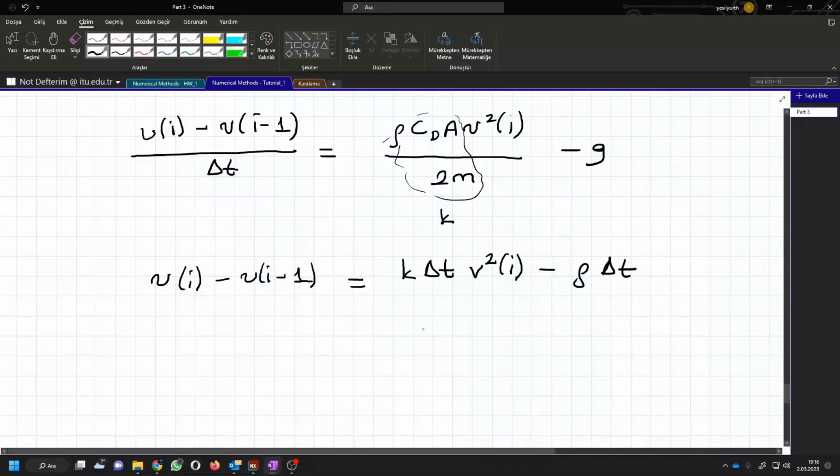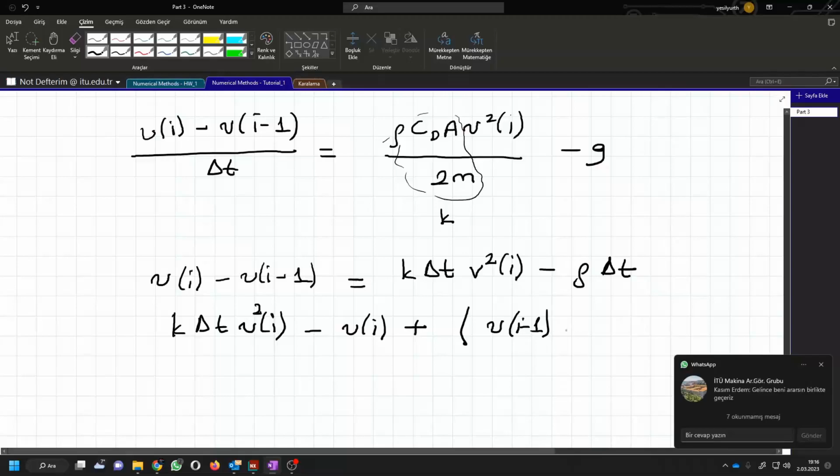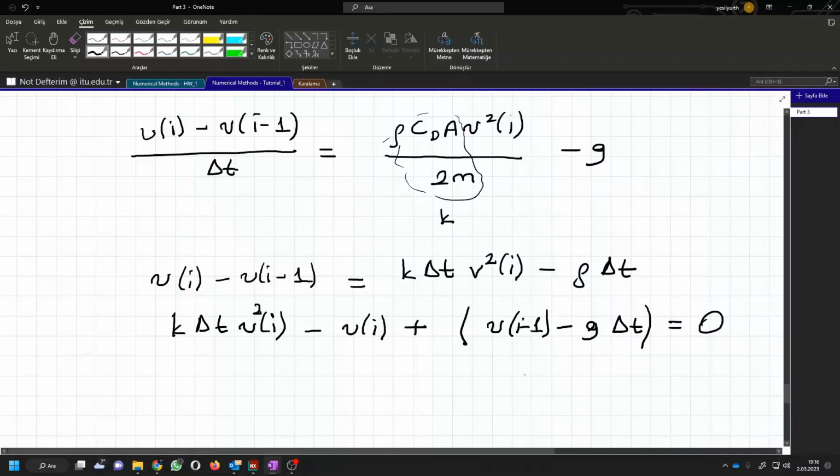If we regroup our knowns and unknowns like this, my equation will become k times delta t times square of Vi minus Vi plus parenthesis Vi minus 1 minus g times delta t equals to 0.